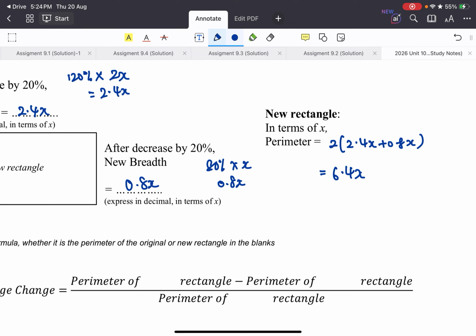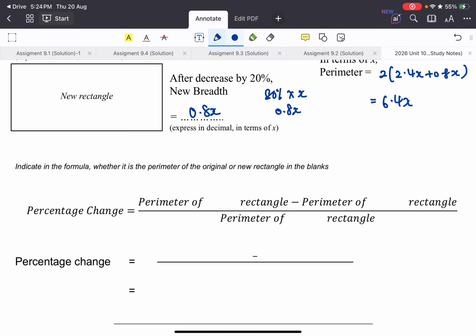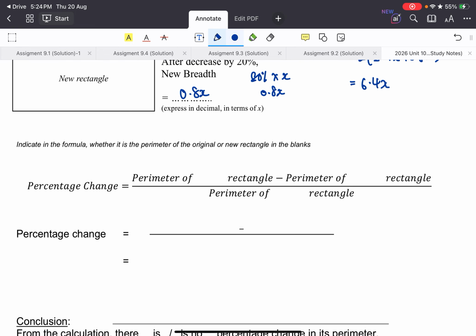Here is different, right? Originally the perimeter is 6x, now it's 6.4x, so it is different. So we need to take note. Interesting result. To summarize, the percentage change is the perimeter of the new rectangle minus the perimeter of the original rectangle, and the denominator is always the original. So the percentage change will be 6.4x minus 6x over the original 6x, times 100%.